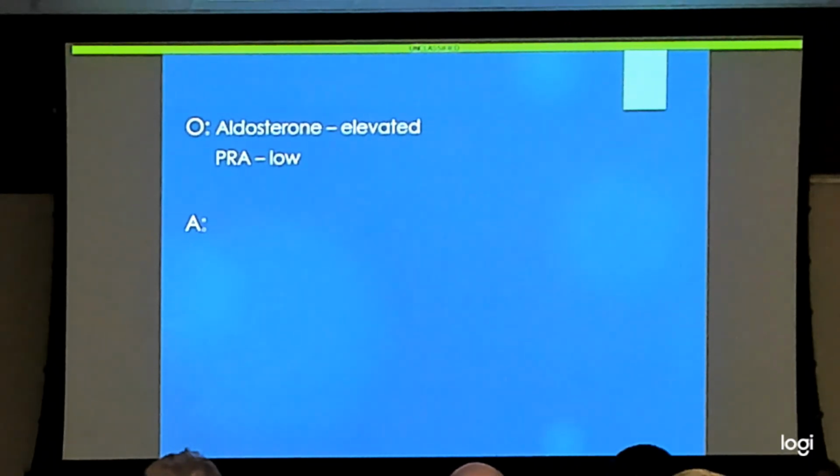So what do you do next? Exactly. Why do you do CT? What if this guy has bilateral adrenal hyperplasia causing hypertension? So again, you gotta make sure labs first and then imaging.